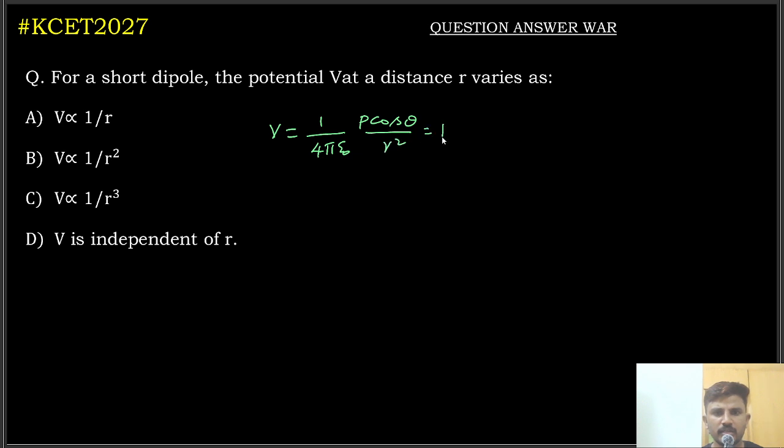In short, we can write 1 by 4 pi epsilon naught as k, p cos theta divided by r square. So V is inversely proportional to r square. Therefore, option B is correct.